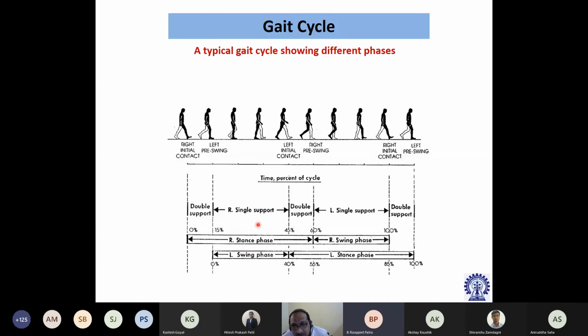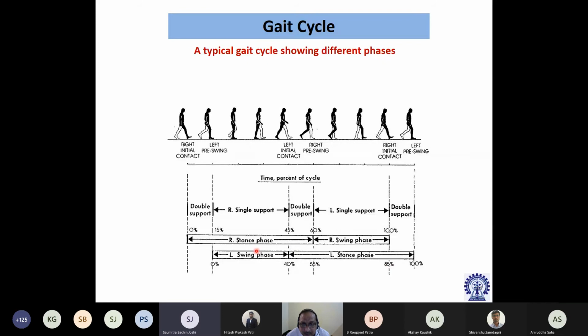Single support is 30% for the right, and for the left single support it is more, 40%. No, it is 30% for the left leg. For the left leg, from 55% to 85%, that is 30%.